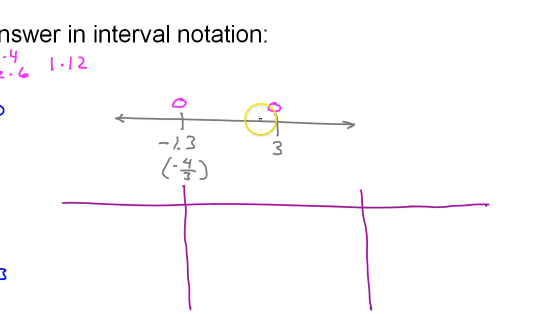We need a test value in each one of these zones. So to the left here, here's negative 1.3, so let's try x equals negative 2 and see what happens. In between, 0 is always good, so let's try x equals 0. Over here to the right, how about x equals 4? This will give us a test value in each zone.